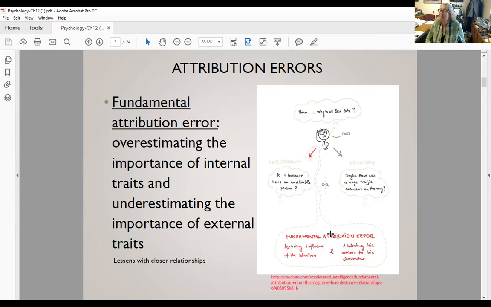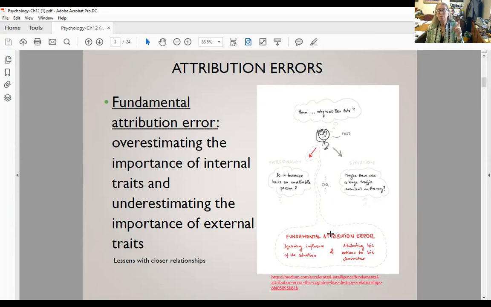Now, there is another attribution error that we call the actor-observer effect. You'll see it in your textbook. And the actor-observer effect says, yes, we're likely to do the fundamental attribution error. We're more likely to make an internal attribution than an external attribution when we're looking at other people's behavior.